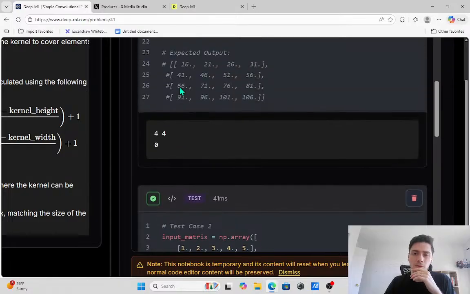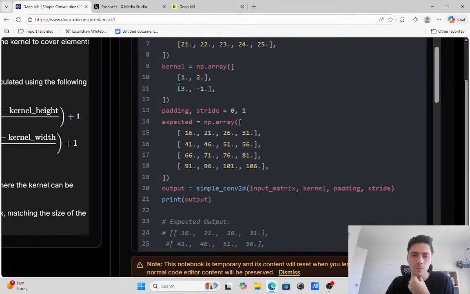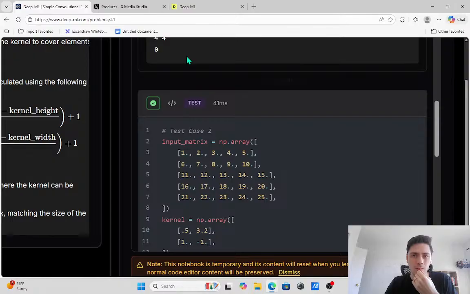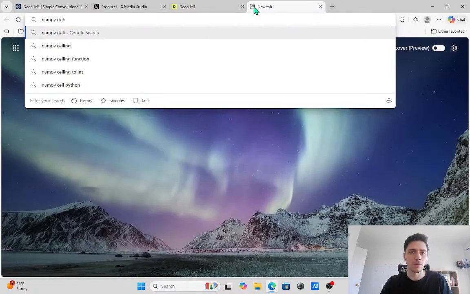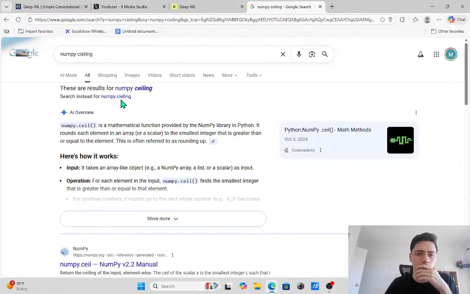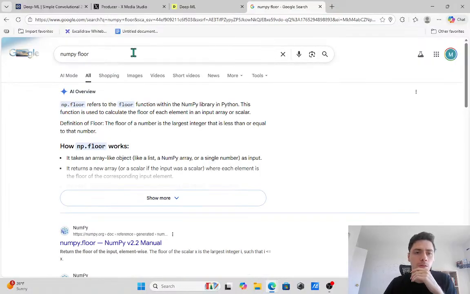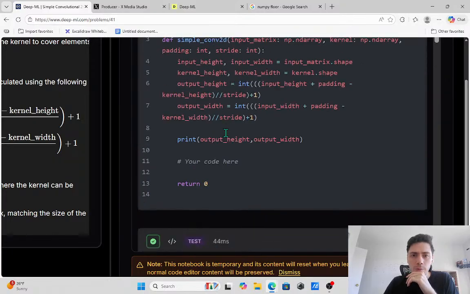What is it? NumPy ceiling? No, not ceiling, floor. np.floor. Okay. Where were we?